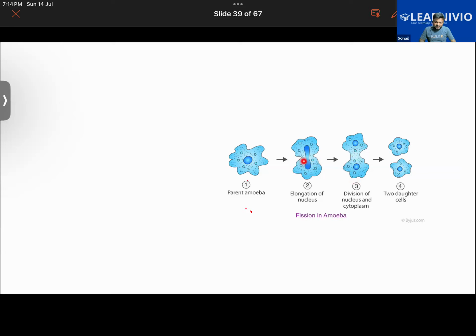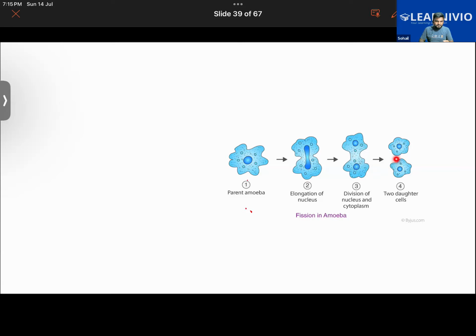At the same time, just when the nucleus is dividing, the cytoplasm of the cell is also dividing. So the division of cytoplasm and nucleus is taking place at the same time. In the third image, the nucleus has completely divided into two parts and the cytoplasm is still dividing.